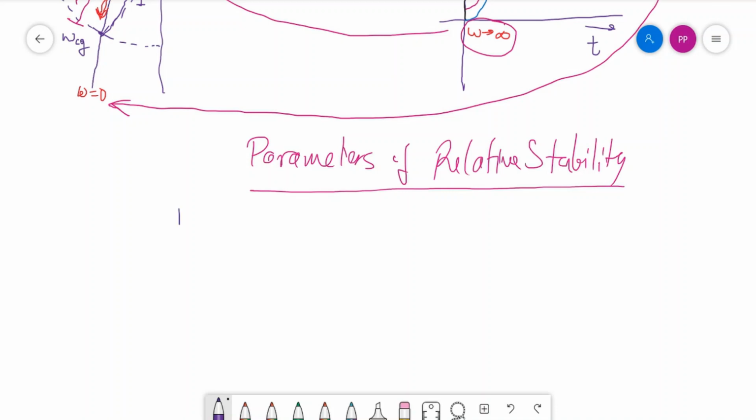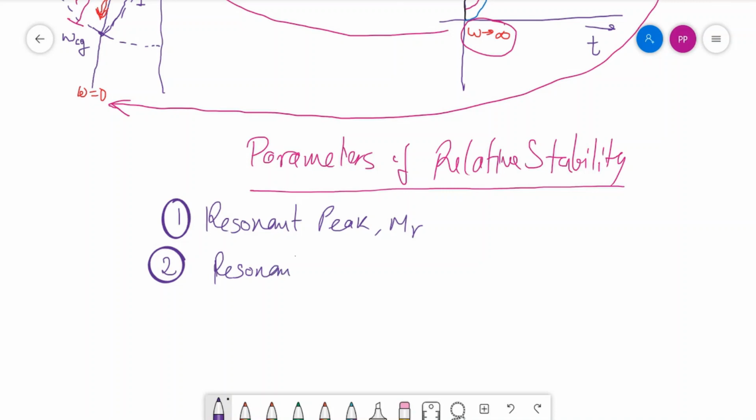First is resonant peak, which we represent by MR. The second one is resonant frequency, omega R. The third one is bandwidth.